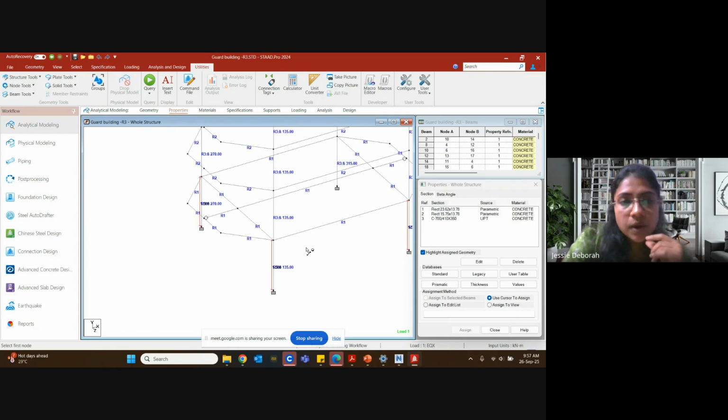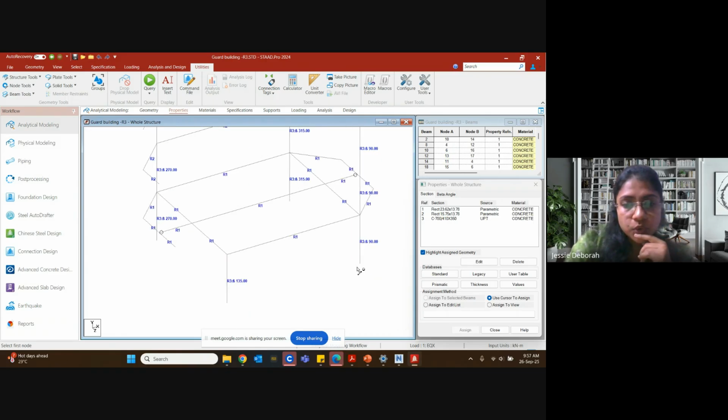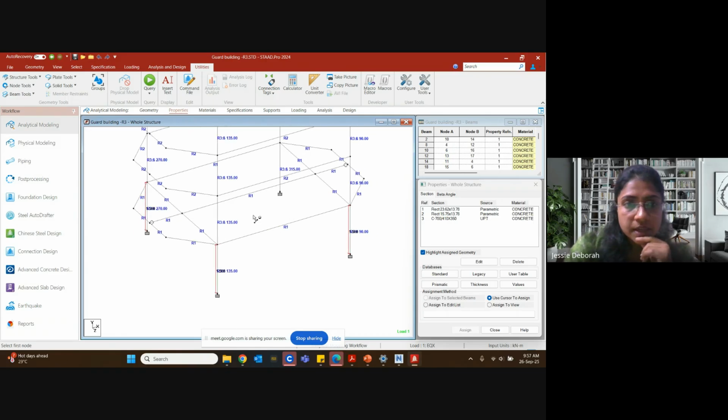So this is 1.5 meter below ground. The footing is taken at 1.5 meter below ground.